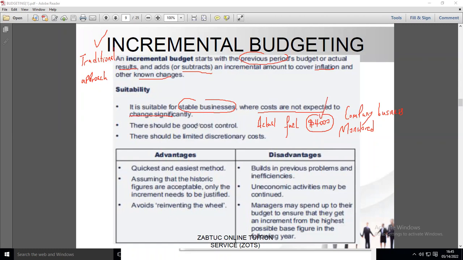But if there was no good control, if these include wasteful expenditure, then we are saying that no, this may not be a good starting point. There should be limited discretionary costs. Those costs incurred at the discretion of the manager.